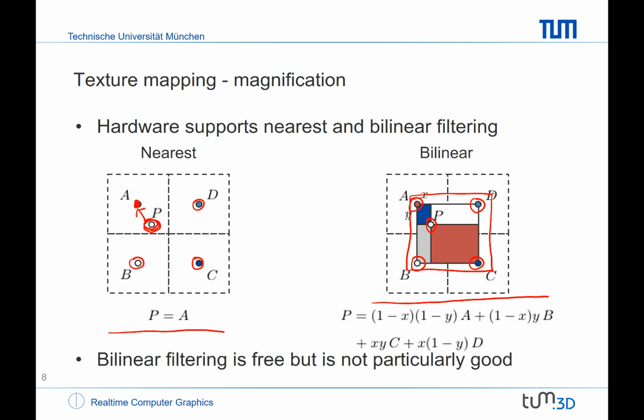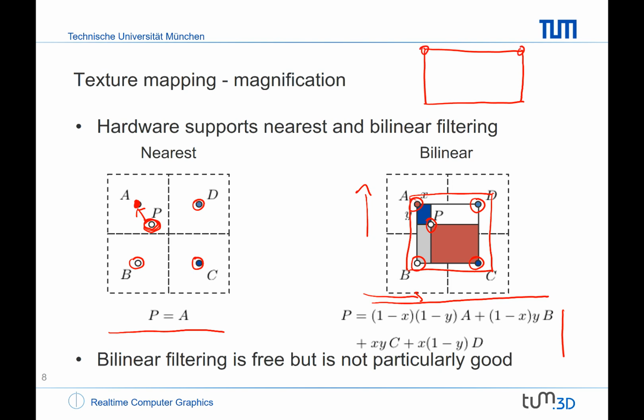Then we ask, how can we interpolate the four colors at the texels A, B, C, and D to that location P? In order to do that, we use bilinear interpolation. Let me just sketch this here: it is an iterative linear interpolation along the two local coordinate axes. Let us assume we have that quadrilateral here.